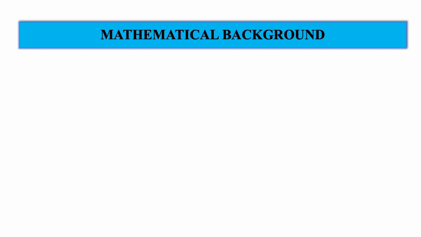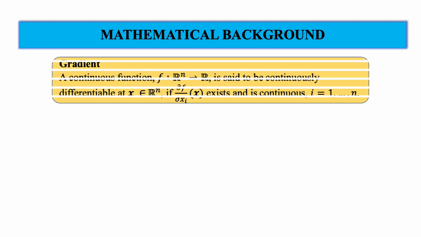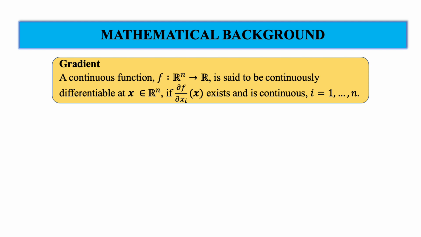So now we will look at another important concept, which is a key concept. It will be used quite often in our course, and it is called the gradient. So suppose that we have a function from Rn to R. It is said to be continuously differentiable at x if the partial derivatives of function f with respect to the individual xi exist and are continuous.